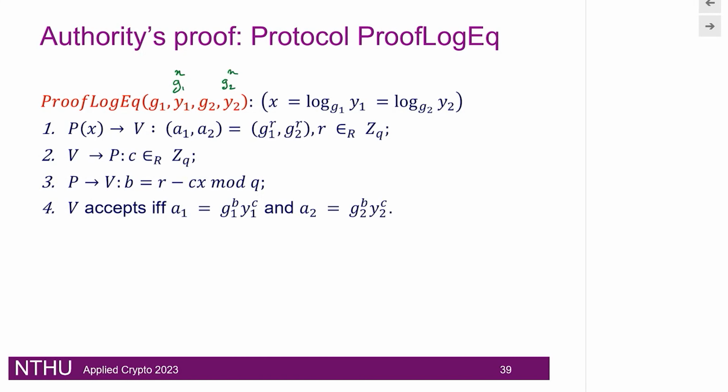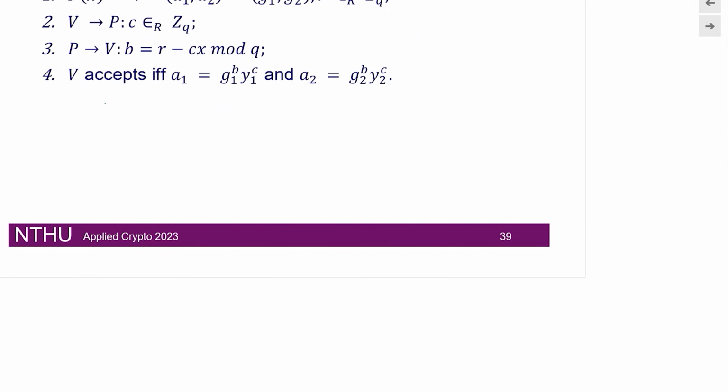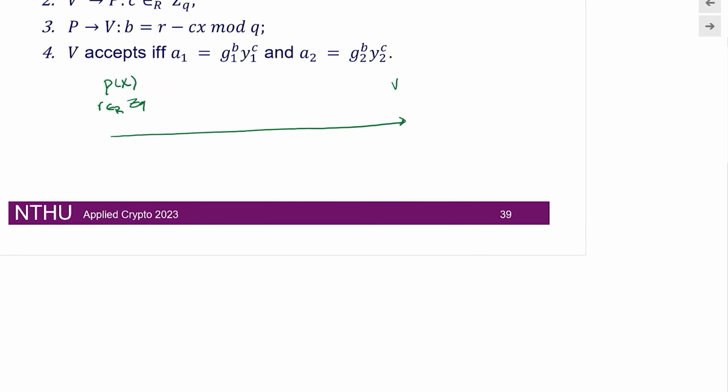So again, we have a prover that we want to prove to some verifier. The prover is the authority, and the verifiers are the people who are voting. So the idea is to randomly pick R from Z_q, and we are going to use the same identification scheme with some variation.